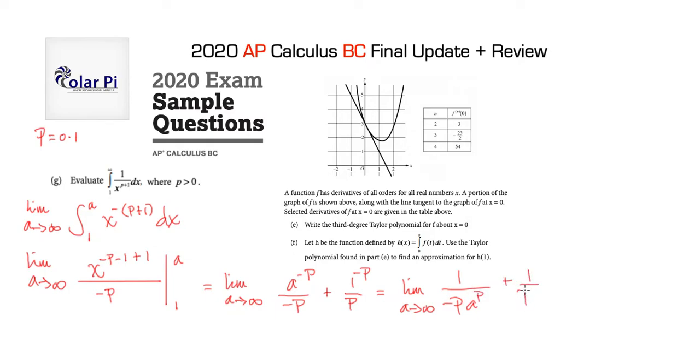Now, as a goes to infinity, no matter how small p is, this denominator is going to grow without bound. So this whole thing goes to 0, which means that after evaluating the limit, we find 1 over p. Well, 1 over p is a finite number, so this integral converges, but the question isn't convergence. We just had to find the value, so there that is.